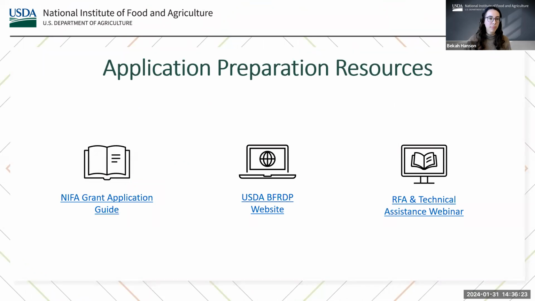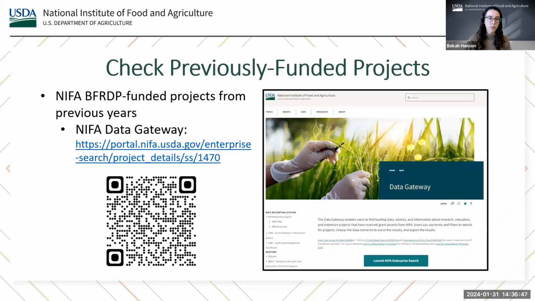So we have here some application preparation resources, including the NIFA grant application guide, which I talked about earlier, our USDA BFRDP website, and the RFA technical assistance webinar. And we will put those in the chat. Along with this, we have our NIFA data gateway.